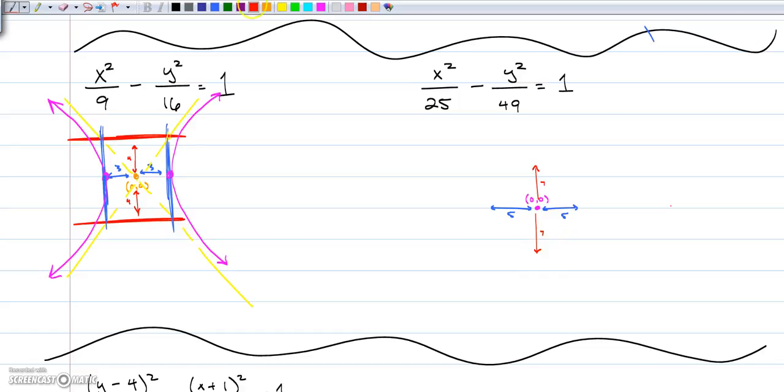I can create a box using this information. By connecting the diagonals of this box, I create a net in which my hyperbola will sit.